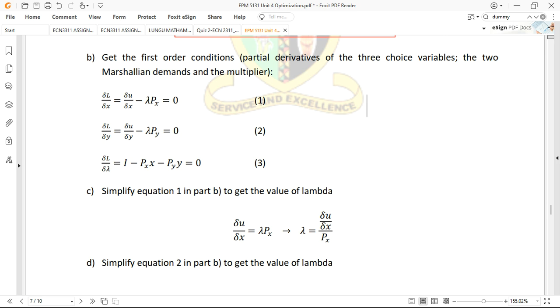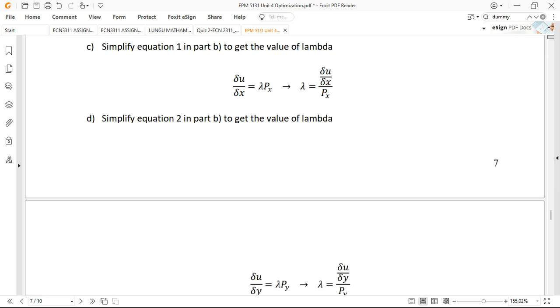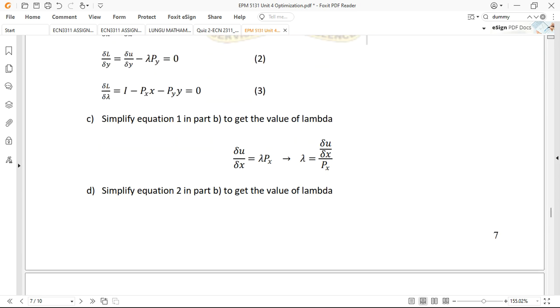From equation 2 you also make lambda the subject of the formula. That is what C and D are talking about. So C is saying simplify equation 1 to get the value of lambda.